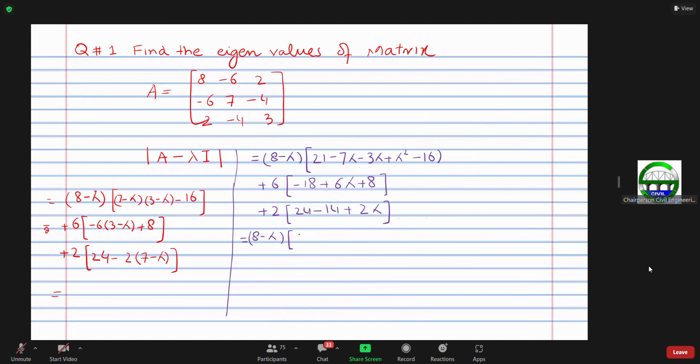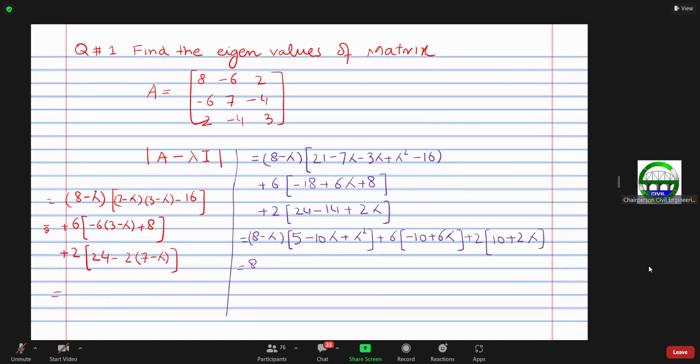It will be equal to 5 minus 10 lambda plus lambda squared, right? Plus 6 into minus 10 plus 6 lambda. And this one will be plus 2 into 24 minus 10 plus 2 lambda, and 8.